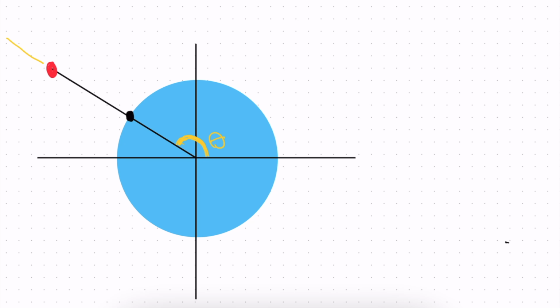The user can go out to a pretty wild distance and the angle will always stay the same. And this is great because it means we can use our trig ratios in order to determine what theta is. And then once we have theta, because we define the radius ourselves, which is the size of the circle, we can then just use our normal conversion functions to convert it back to Cartesian coordinates that we can use.